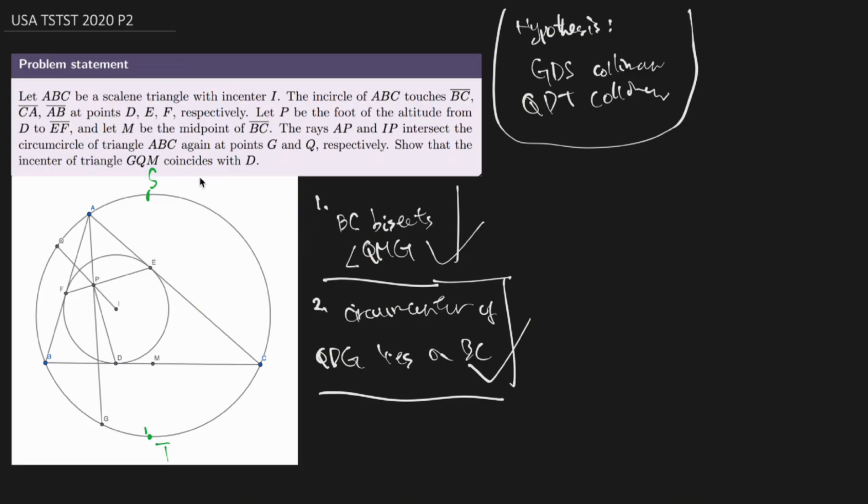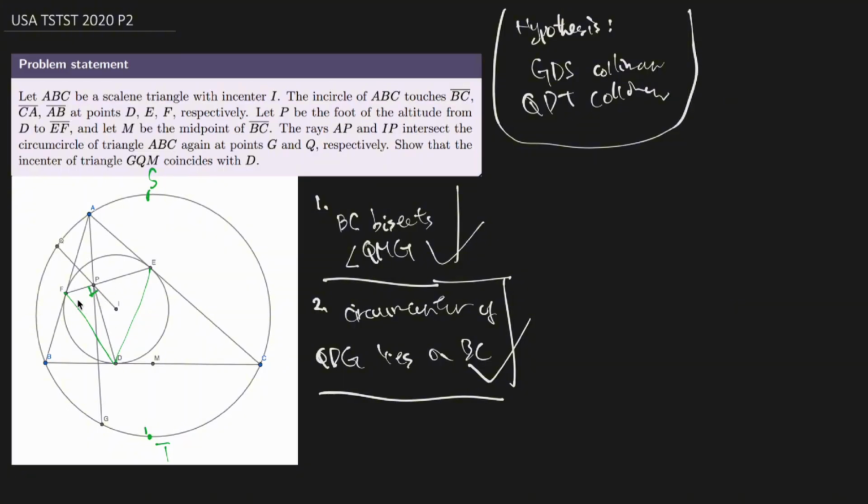To prove that GDS are collinear, we can actually take a look at a pair of similar triangles here. So let's look at these angles. This is perpendicular, by the way.